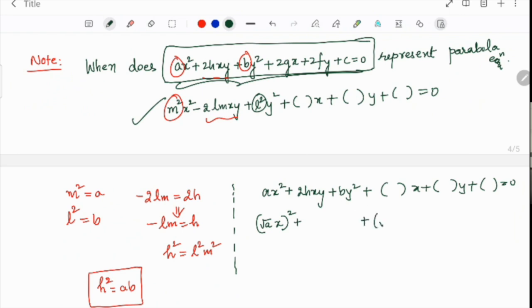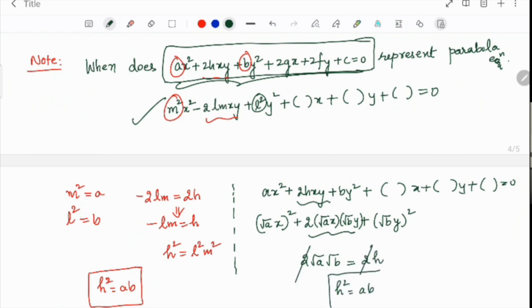So here two into √a x into √b y should come. So what is the xy coefficient here? 2√a√b. And here the xy coefficient is 2h. So h² is equal to ab. In this way also we can get it.